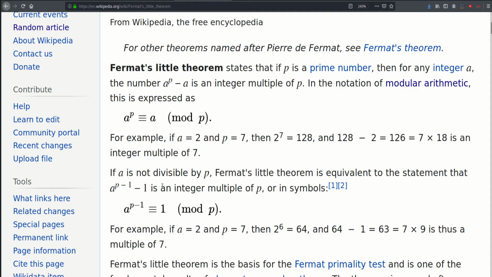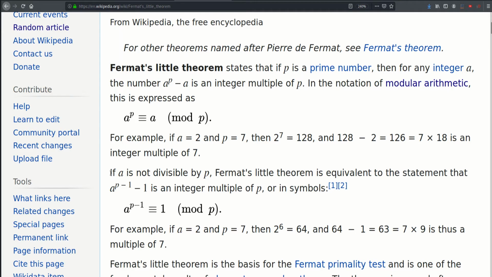As you can see here, Fermat's Little Theorem states that if p is a prime number, then for any integer a, the number a to the p minus a is an integer multiple of p. In other words, a raised to the pth power is congruent to a mod p.